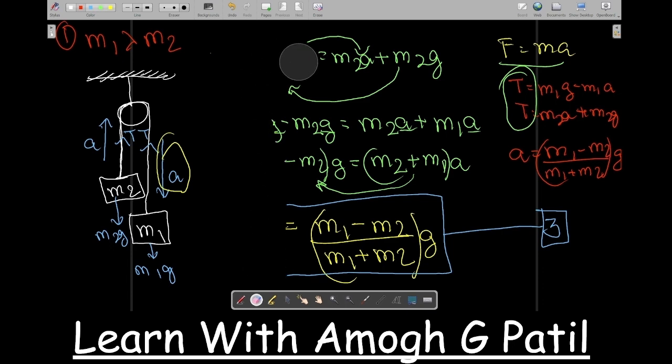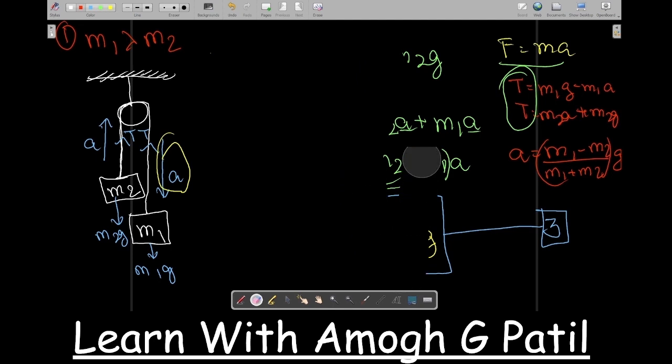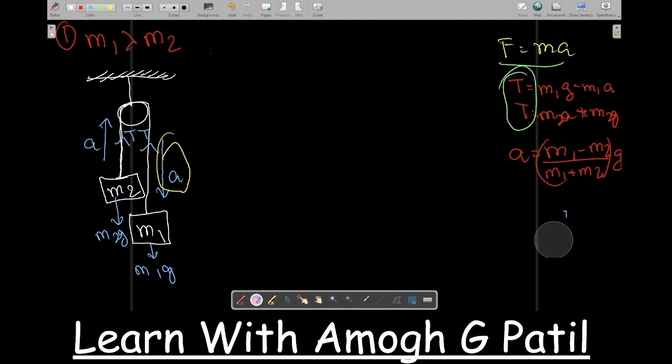Now we will be finding the tension in the string. So we'll take the first equation and substitute a in it.